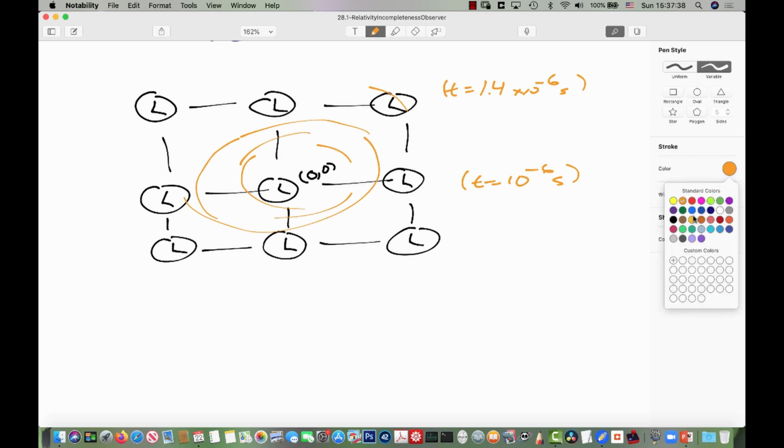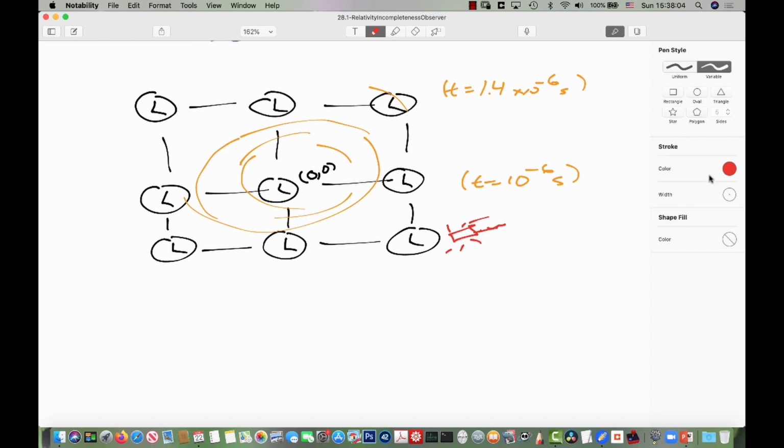But then for doing the observing, you don't have to take into account speed of light delays anymore, because this lattice work is so finely packed that there's always a leprechaun sitting in front of a clock wherever you happen to need one. So if a firecracker goes off right over here, the leprechaun right here can report, hi, I'm the leprechaun at x equals plus 1 meter, y equals negative 1 meter, at t equals 7 times 10 to the negative 6 seconds, a firecracker went off.